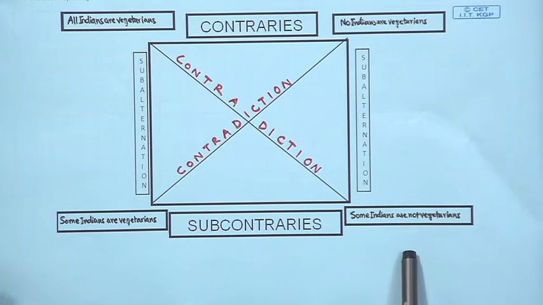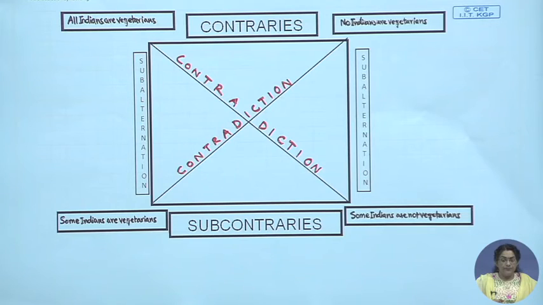You can choose your own A, E, I, O, okay, and form this square of opposition to understand how these relations work. But keep this picture in front of you and mull over what I am going to say now. So, I am going to now explain what each of these relationships are, but you need to remember which two pairs we are talking about and how they actually fit into this description.